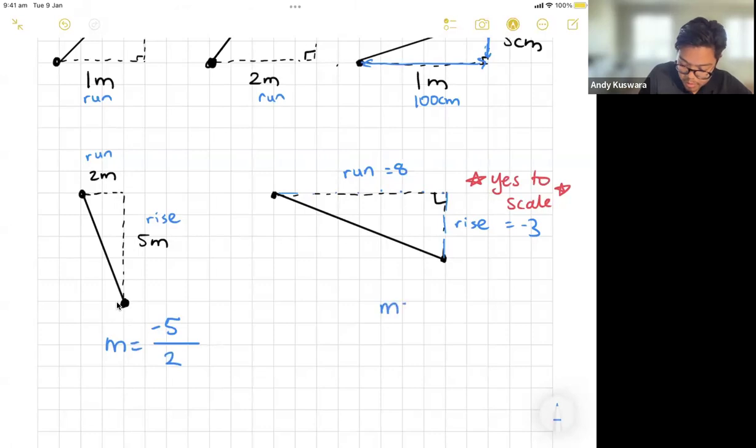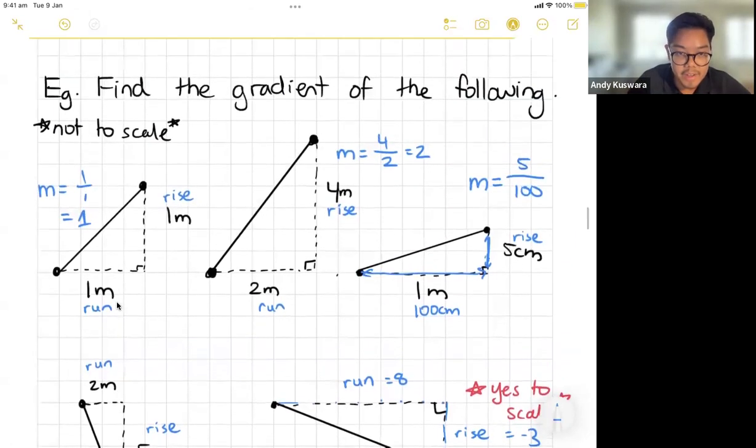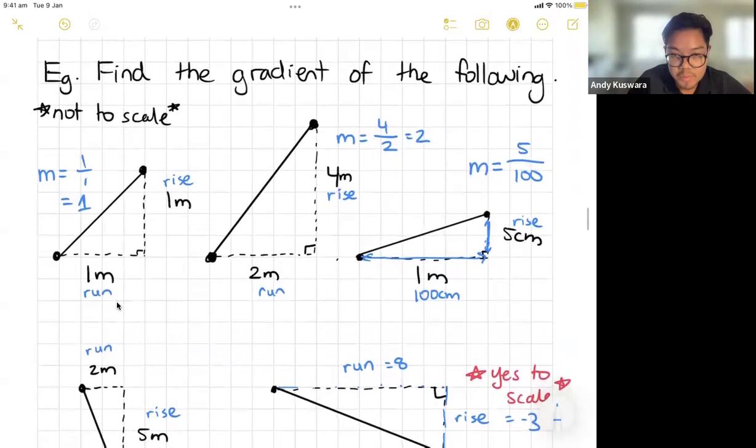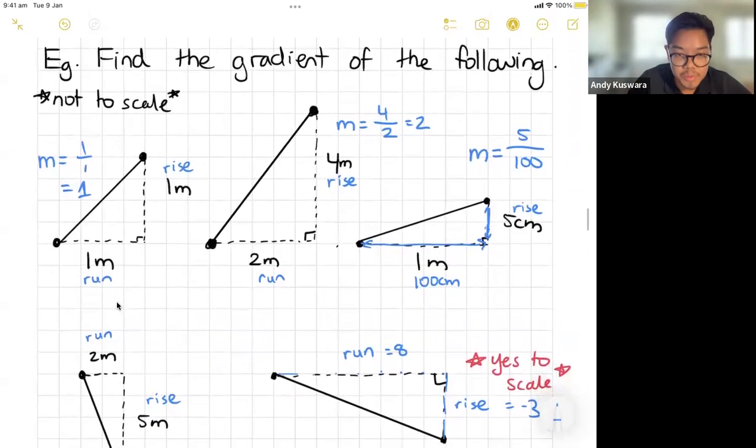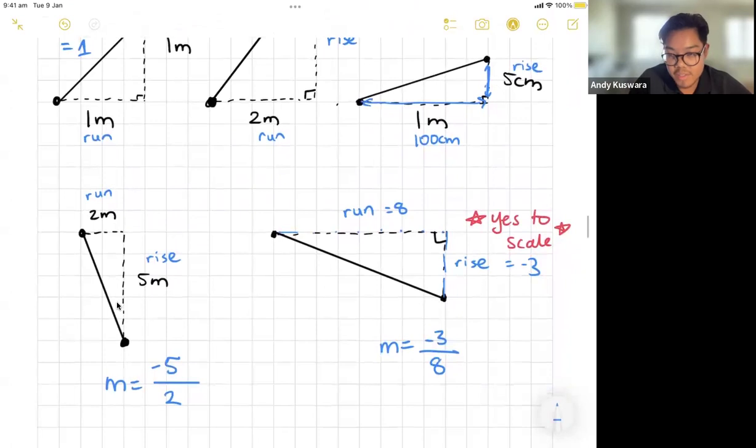So my rise over run is minus 3 on 8. Whether you have labels and distances, or they say it's to scale and give you a graphing background, that's how you can do it.